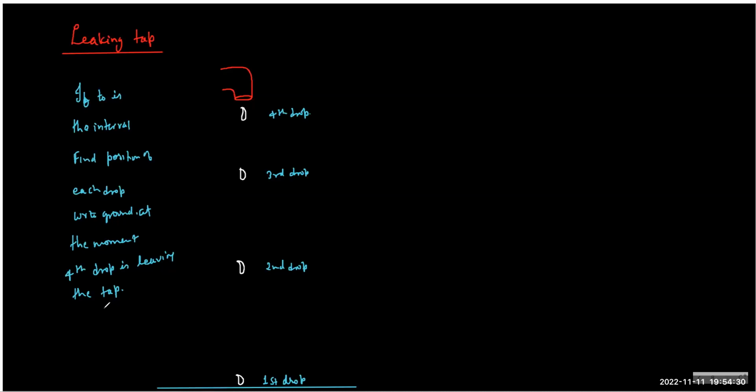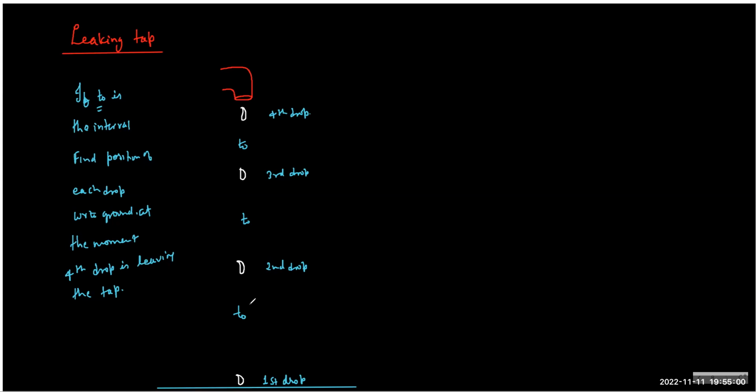Sir, is the height of tap given? That is your question itself, because the fourth drop is the height of the tap, right? What is given to you is interval. So the time interval between every two gap is how much? T naught, T naught, T naught. So how far is the ground from the topmost point in terms of time interval?